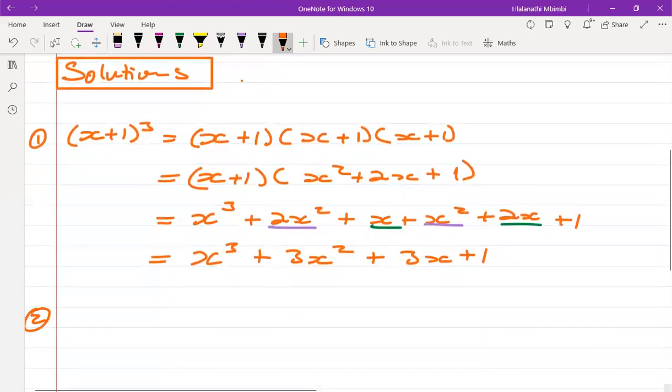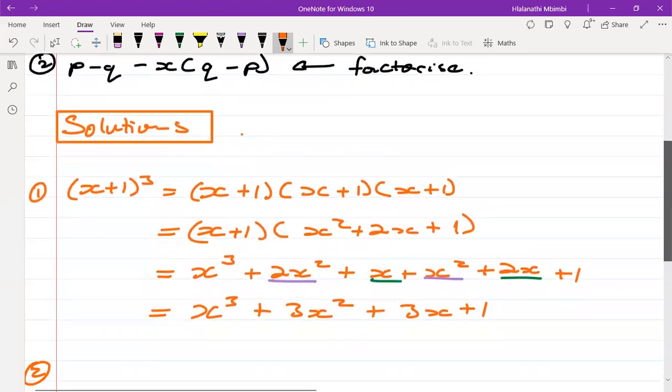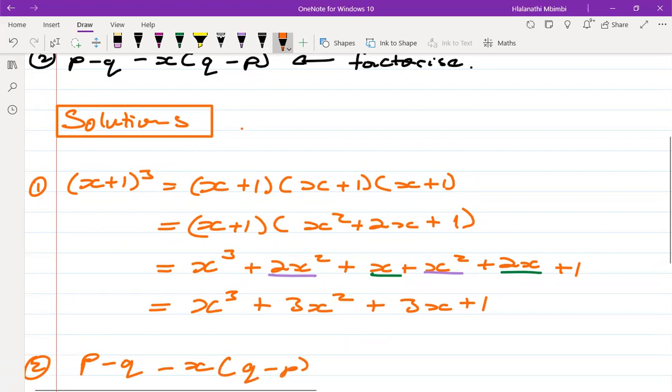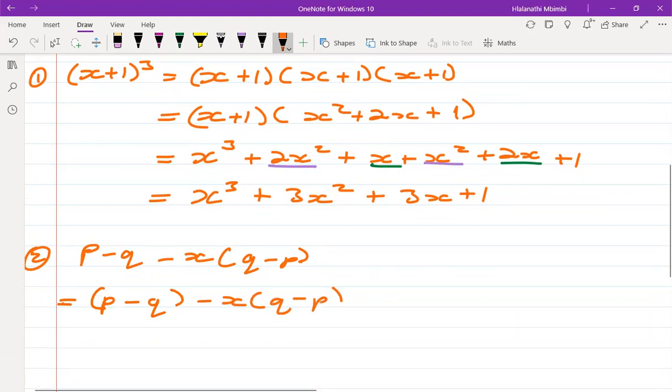Okay, so here we have p minus q times x, q minus p. I didn't write it properly in terms of saying p minus q. When it's in brackets, it actually does make a difference, q minus p.